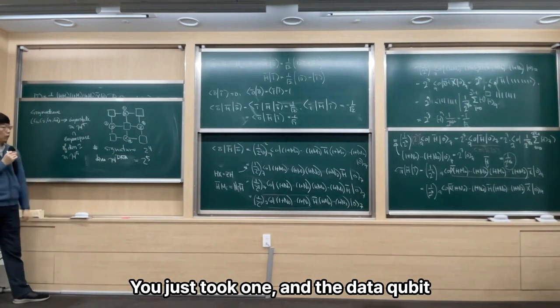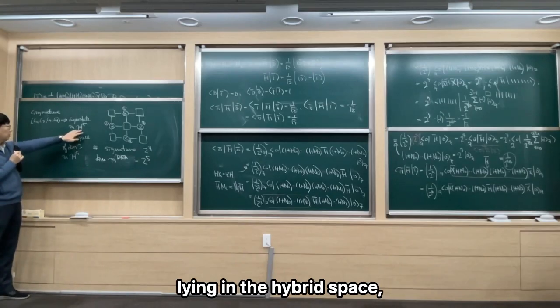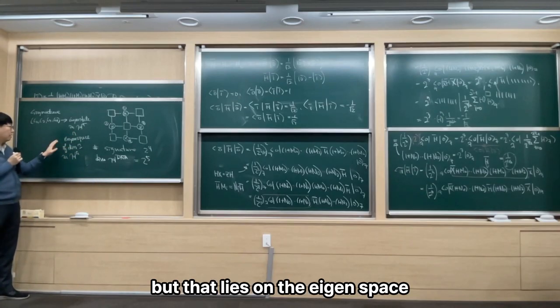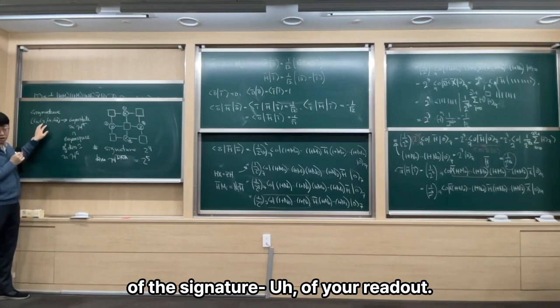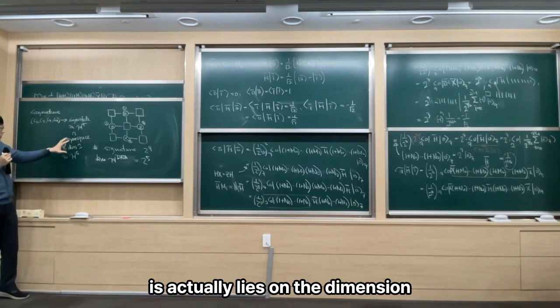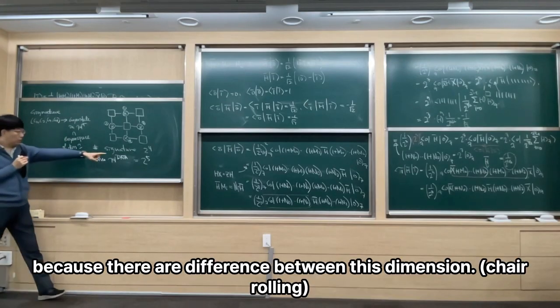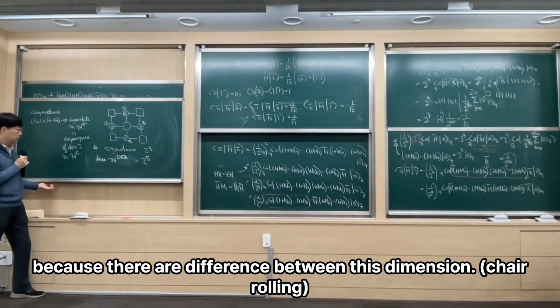You just took one, and the data qubits will be some quantum state lying in the Hilbert space, but that lies on the eigenspace of the signature of your readout. And this eigenstate actually lies on a dimension 2 subspace of the Hilbert space, because there are differences between these dimensions.